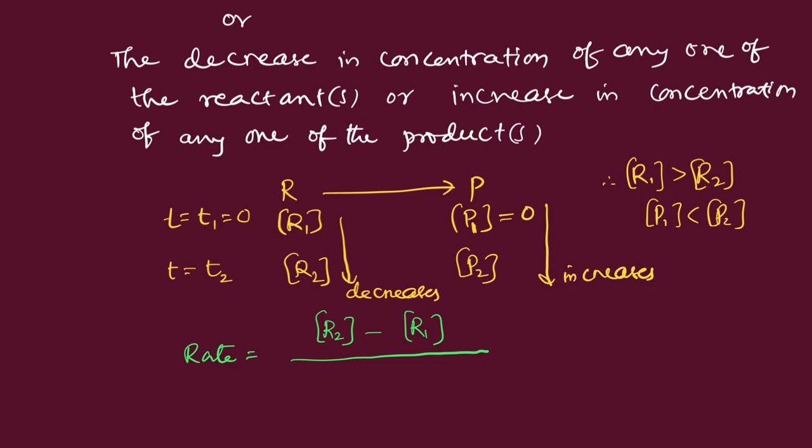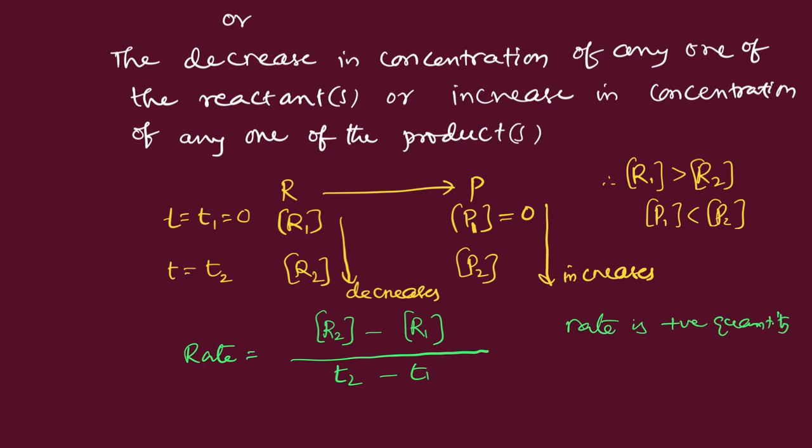Then what sign will you get? Negative. Here I will write the time: T2 time minus T1 time. So overall you will get a negative sign. Rate is generally a positive quantity.